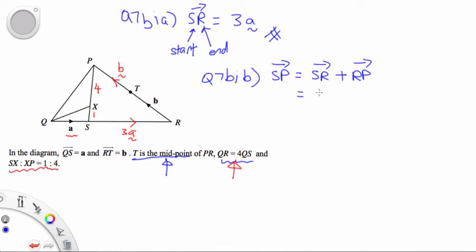So for SR, you will have 3A, and RP, you will have 2B. Again, straight away you know the answer.